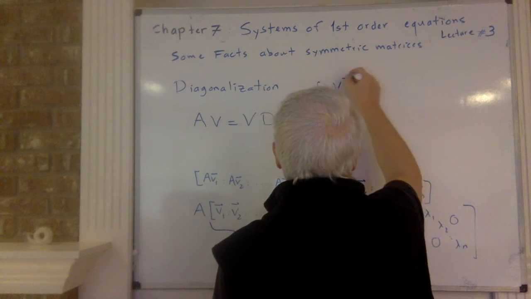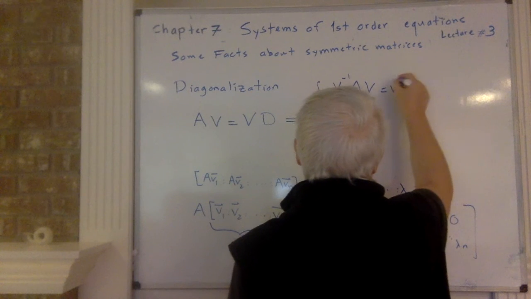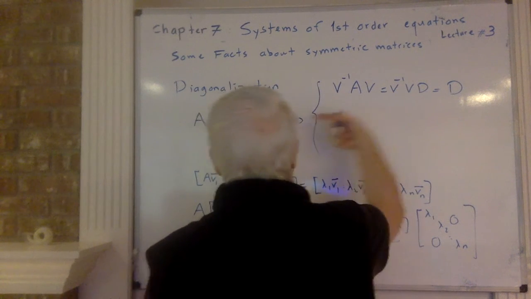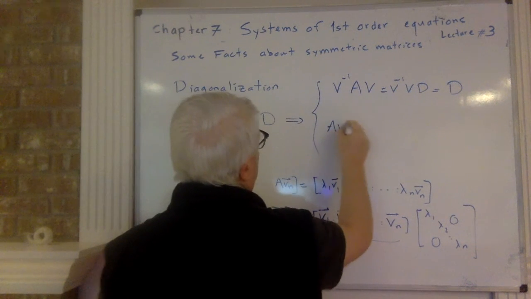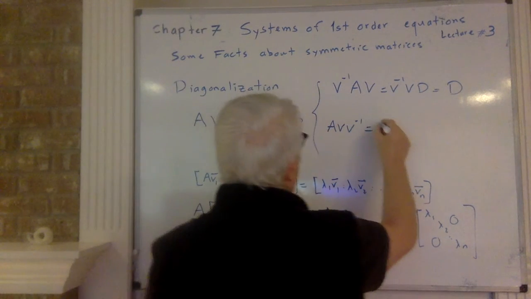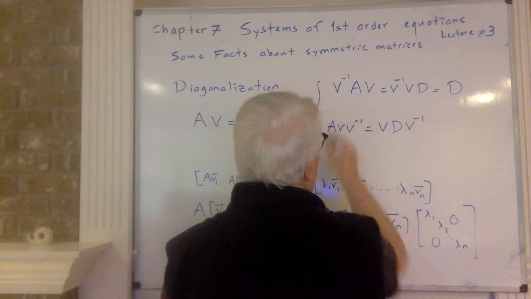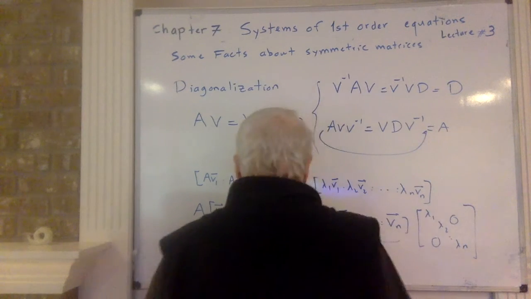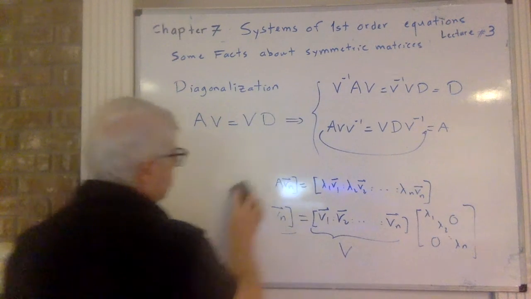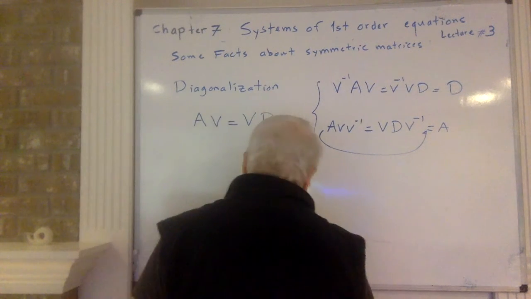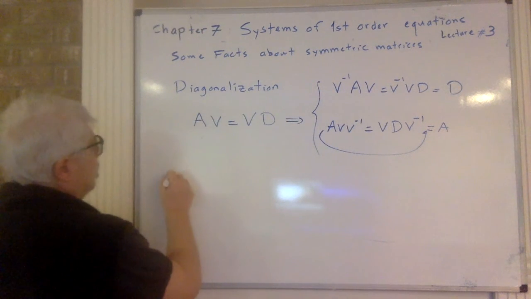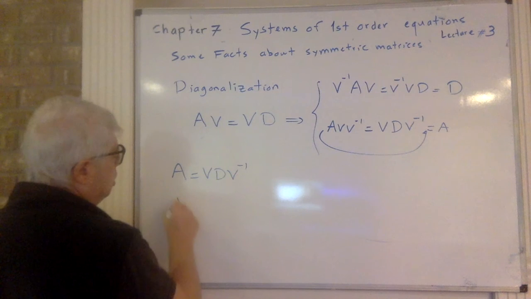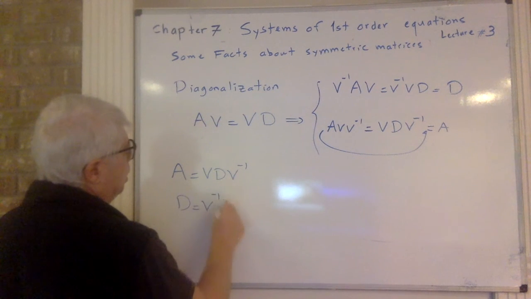One is V inverse A V is V inverse V D, which is I times D, so this is D. And also if I multiply on the other side by V inverse, A V V inverse is V D V inverse, but this is A, so A is equal to V D V inverse. So I have found that A is V D V inverse, which gives me D is V inverse A V.